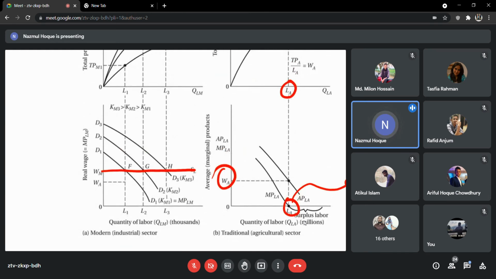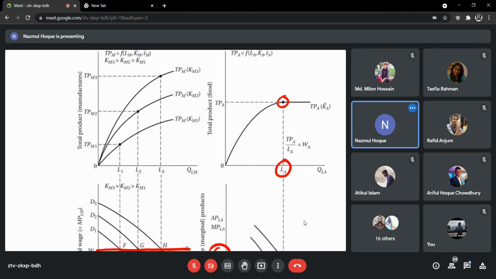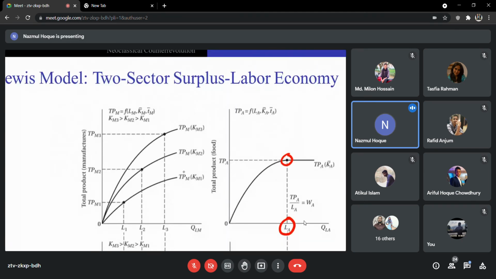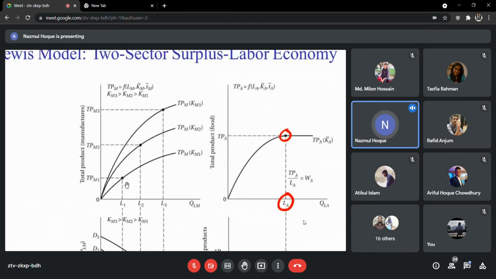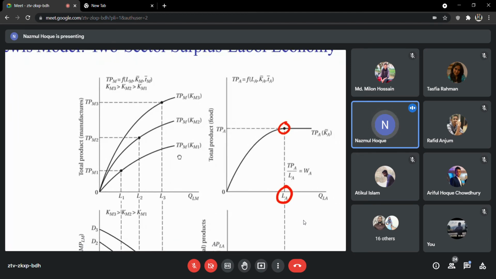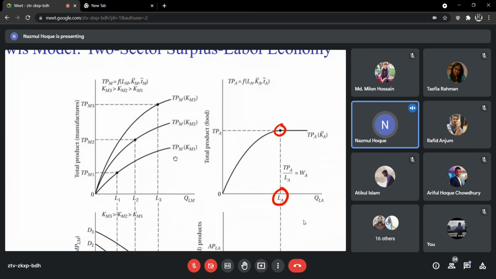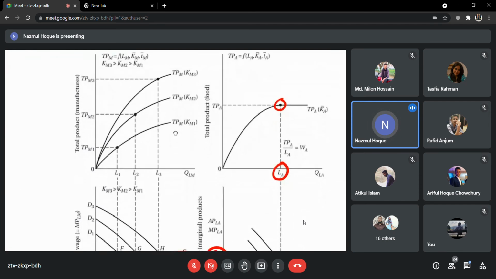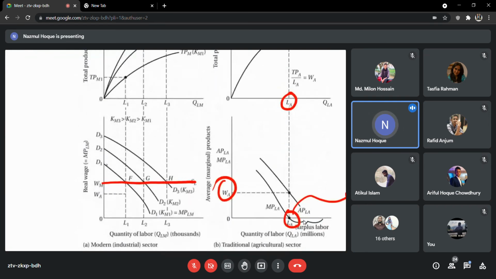So if you think about the labor demand curve, this first line, TP sub M, is the total product curve in the manufacturing sector. Based on this total product curve, we derive the marginal product line D1 D1.